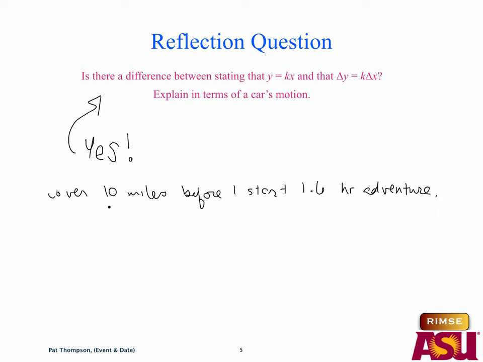If I were to compare at the very beginning of that scenario, what's going on? Well, y, which represents the distance traveled at the start of this scenario, is 10. If that satisfies a y equals kx relationship, then I should have this, right?